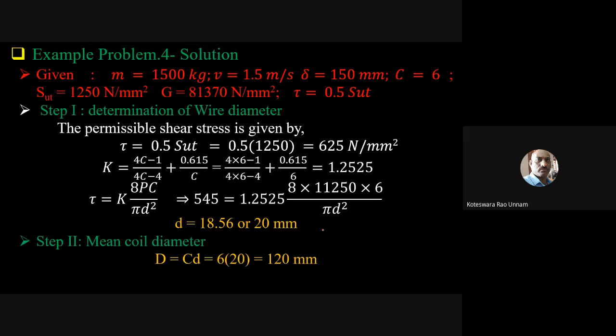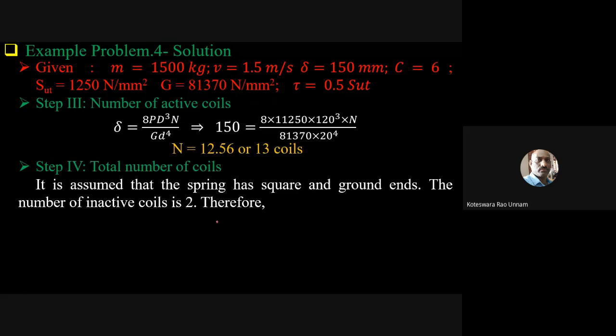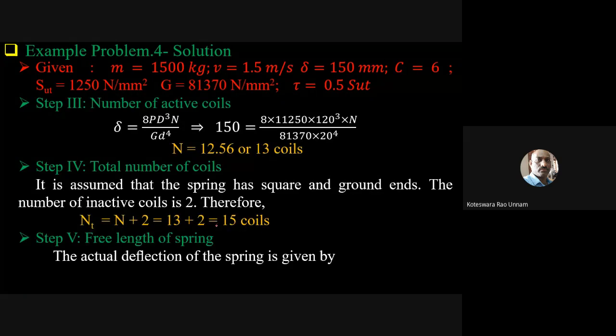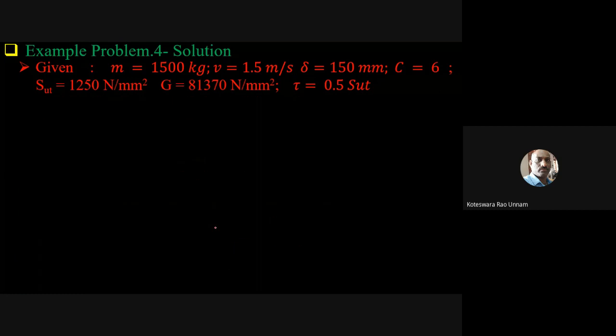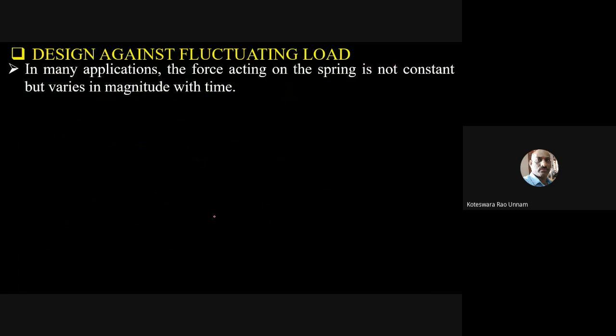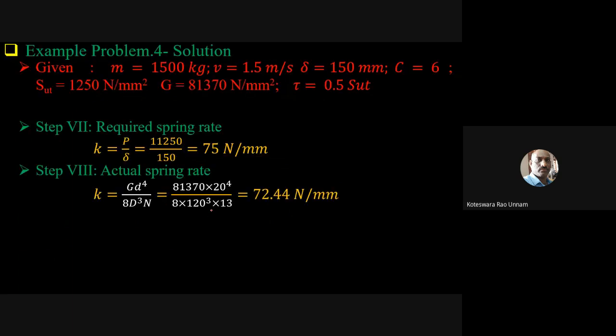Because we are running out of time, we need to go fast, as we have one more topic after this. We need to discuss helical leaf springs also. That is also part of the syllabus, so we need to complete that too. But if you have any doubt now, you can ask it. Everything is clear? If you say yes, I'll move to the next topic.